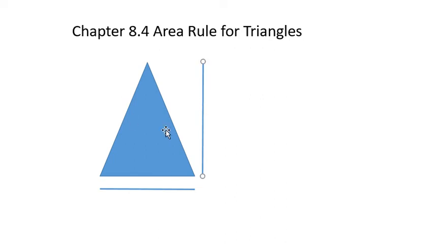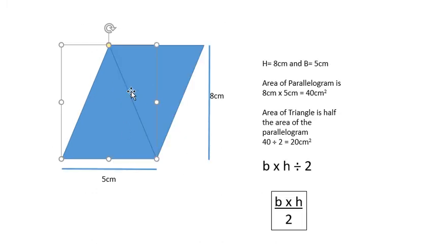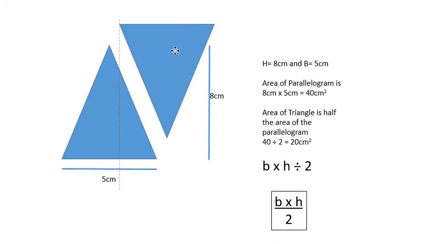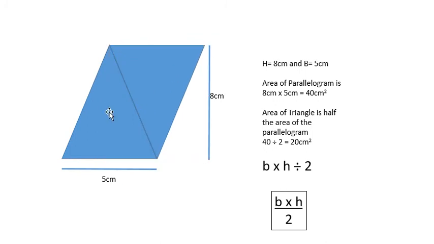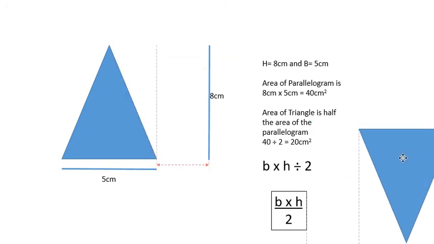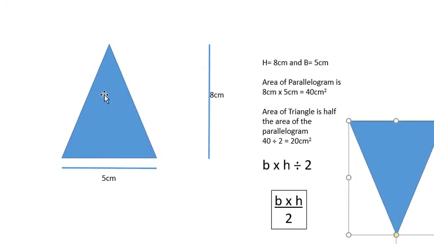So let's see what happens if I take two of these and put them both together. If I take two of them, you see I have two triangles here. I have one triangle from the previous page, and I took another one, which is exactly the same, and I put it right beside. If I move this out of the way for a moment, here I have my triangle dimensions.